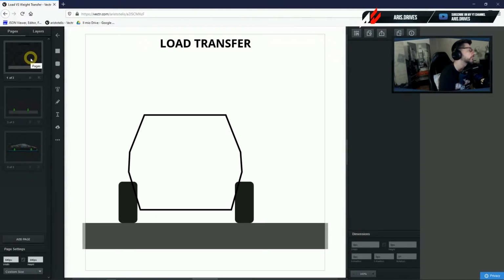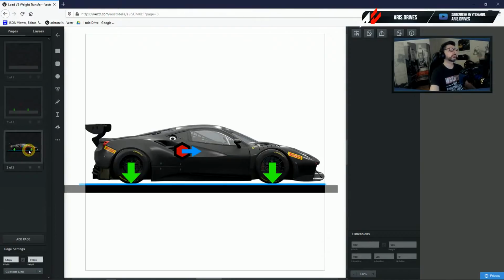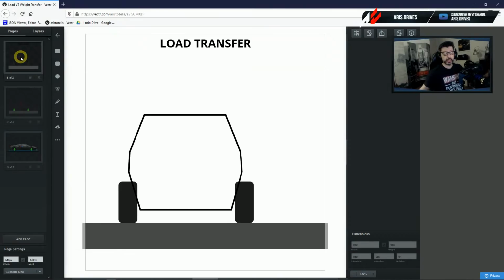Let's start, because we want to understand what is happening if we have a narrow track or a wider track, or a shorter wheelbase or a longer wheelbase, and how the load transfer makes things different. So we start first with load transfer.